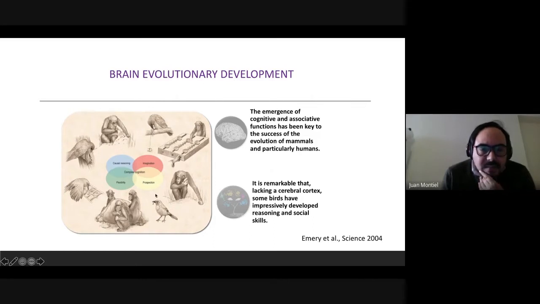Here we can see how these birds have different cognitive functions like causal reasoning, imagination, prospection, flexibility, complex cognition. So if we attribute these capacities to the cerebral cortex, what's happening here? Why can other species do some similar performances?